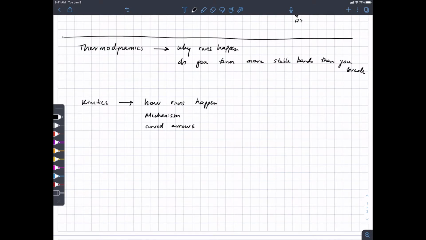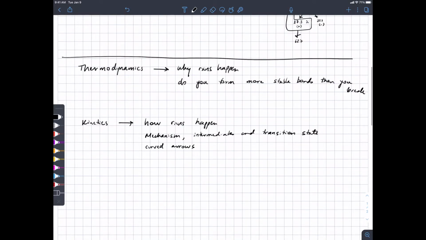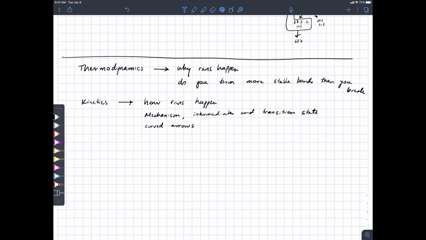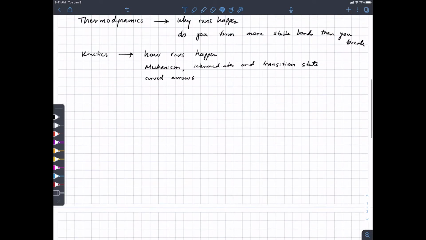This is going to involve intermediates and transition states. And we've already dealt with intermediate/transition states when we were thinking about conformations of organic molecules. So we'll start with thermodynamics, and then we're going to move on to kinetics.